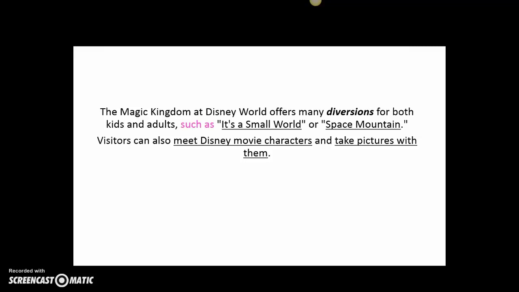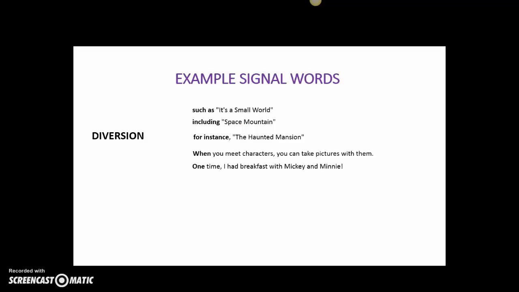And this type of context clues is called examples. So we call these clues example clues. To introduce example clues, authors use the following signal words, such as including, for instance, and sometimes you can have a following sentence starting with when or once or one time.